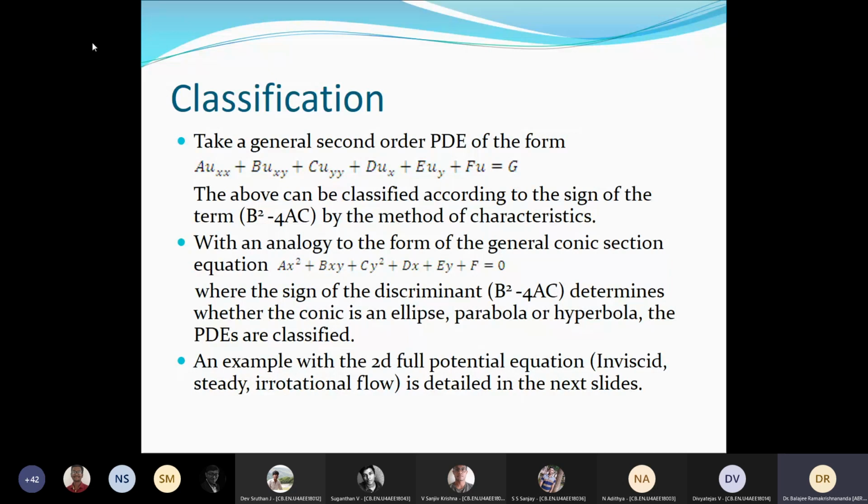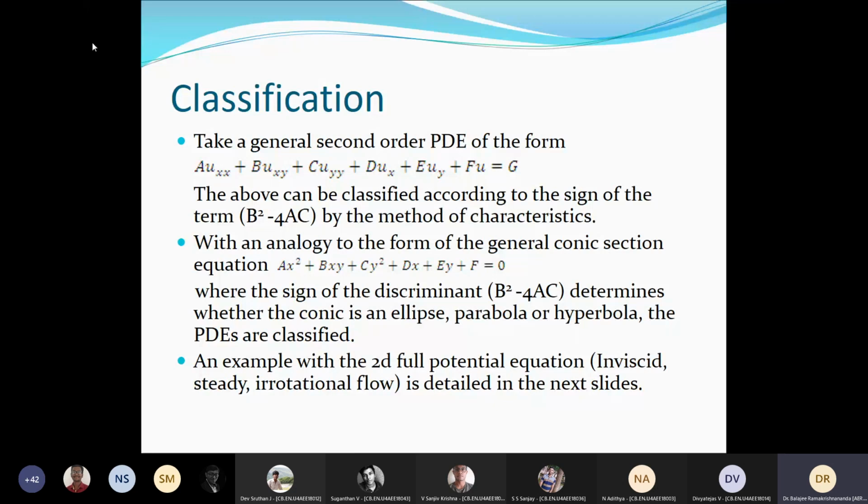So the sign of the discriminant B squared minus 4AC determines whether the conic is an ellipse, parabola, or hyperbola. If it's less than 0, it's an ellipse, equal to 0, parabola, greater than 0, it is a hyperbola. According to this, we classify the PDEs. But the similarity ends here.